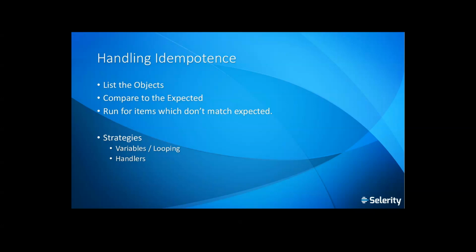So just to refresh here, I went over handlers in our previous webinar, but basically handlers are like a trigger in that you can execute a task, and if that task is reporting that it's actually changed, you can then tell it to run tasks within a handlers section of your playbook.